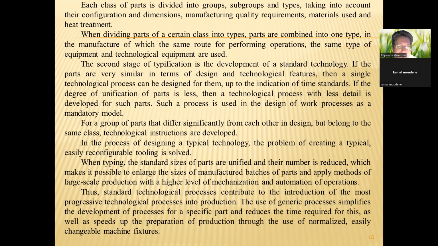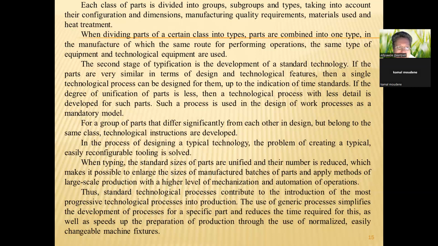When dividing parts of a certain class into types, parts are combined into one type in the manufacture of which the same tools for performing operations, the same type of equipment, and technological equipment are used. The second stage of typification is the development of a standard technology.